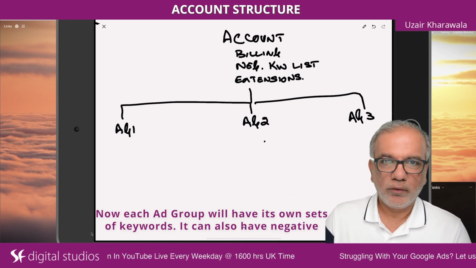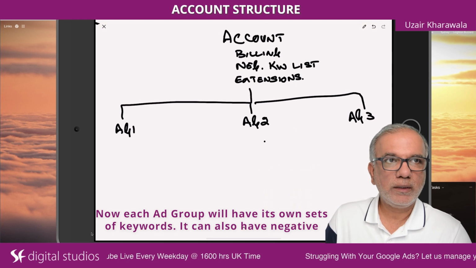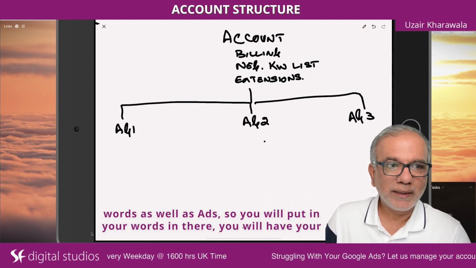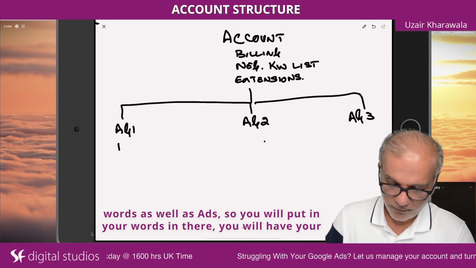Now each ad group will have its own sets of keywords. It can also have negative words as well as ads. So you will put in your words in there.